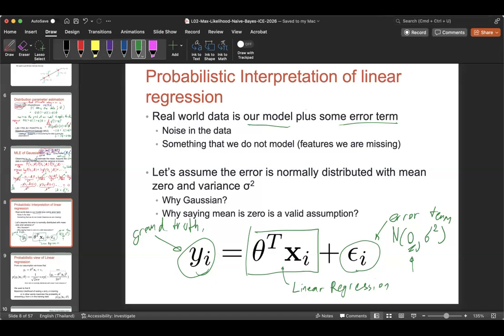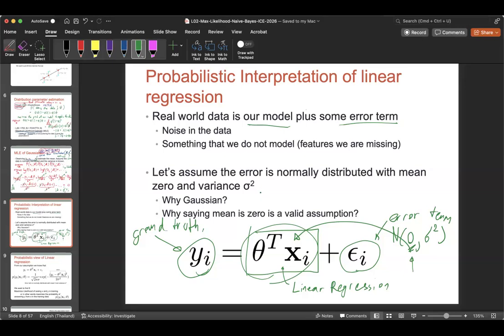If your error has a mean of 1, that means your model is shifted. What should you do if your error has a mean of 1? You should bring the error into your model. If you know the mean is 1, you're always off by 1 point, so you should just put this 1 point into the model.